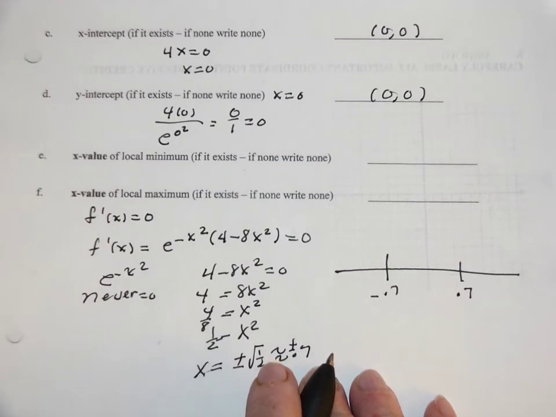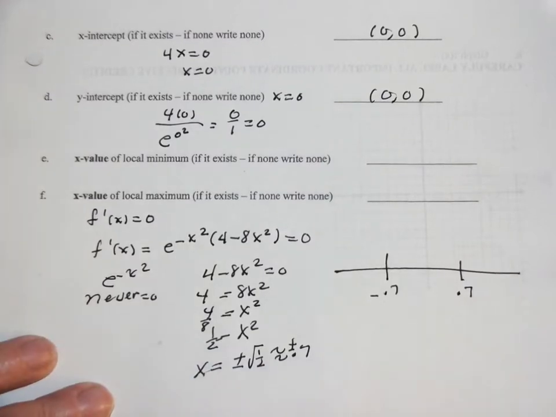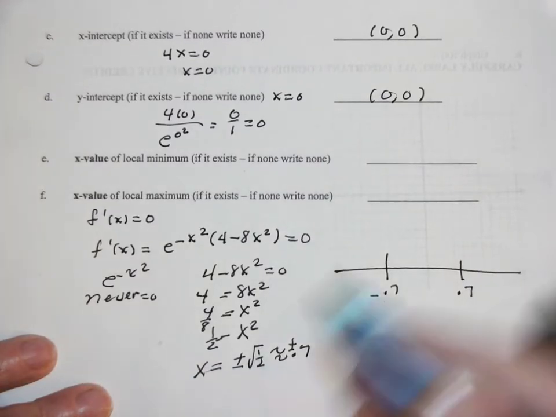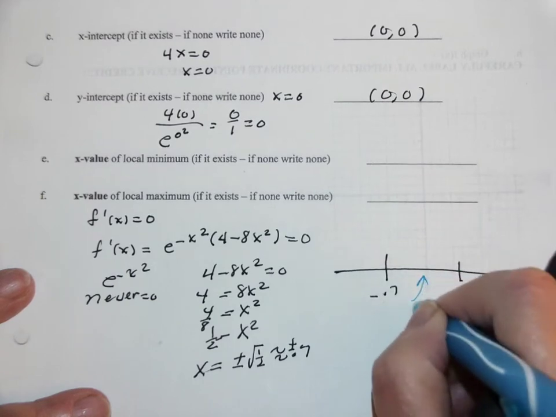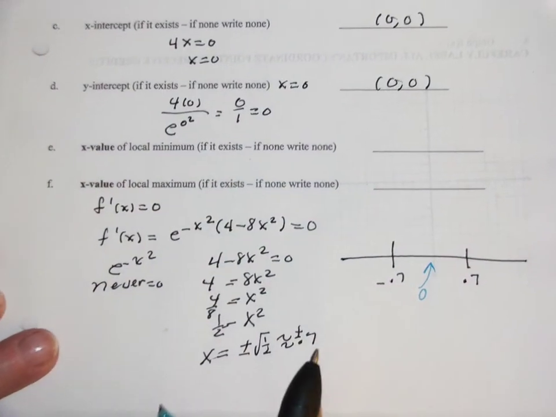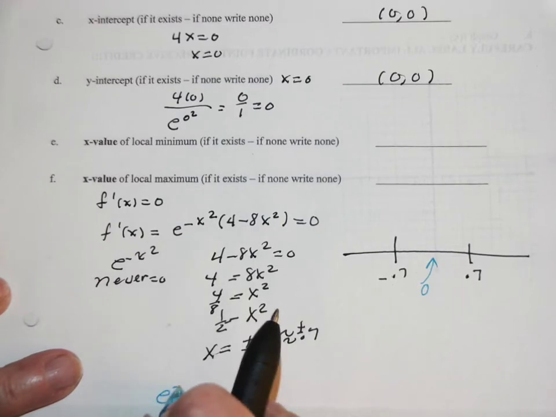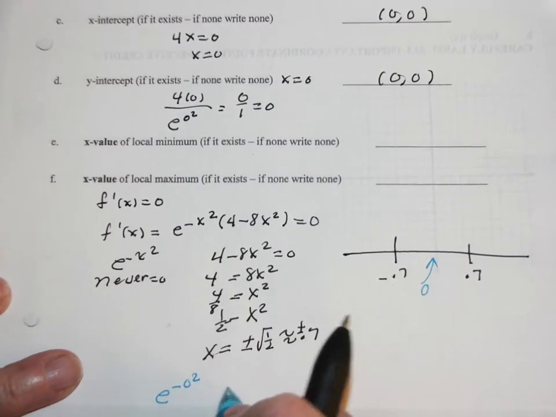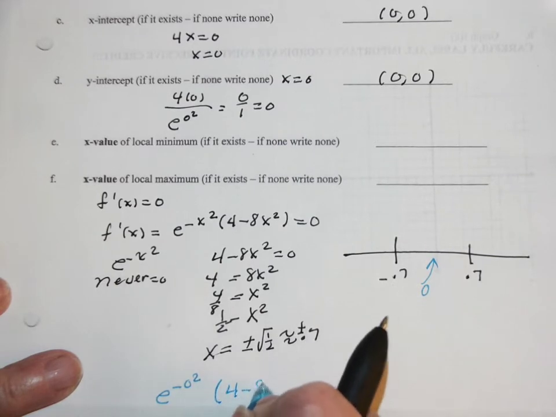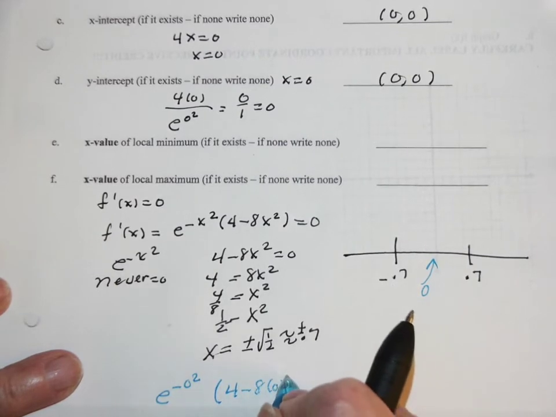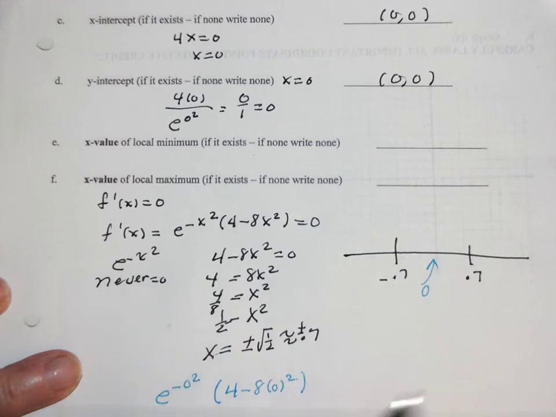So I can pull my test point, which is 0. So what do I have? I have e to the minus 0 squared times 4 minus 8 times 0 squared.